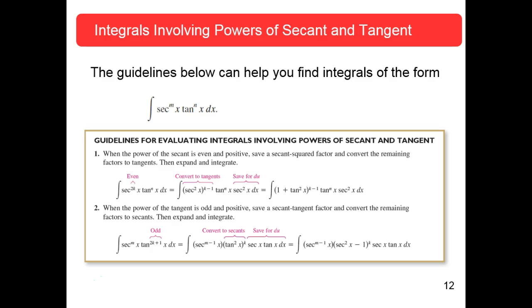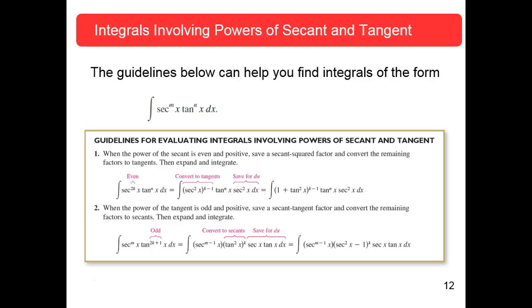Next, when the power of the tangent is odd and positive, save a secant tangent factor, because that's the derivative of secant, and convert the remaining factors to secants. Hey, got it done. It will work whether secant is an even power, it works. When tangent is an odd power, it works. Now, what if secant's odd and tangent's even? Well, we'll worry about that tomorrow, or later.